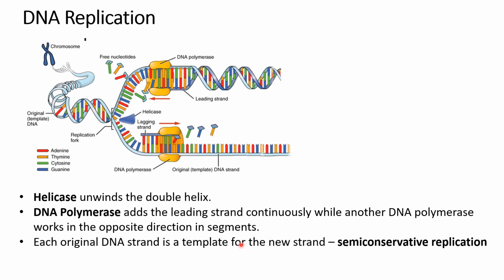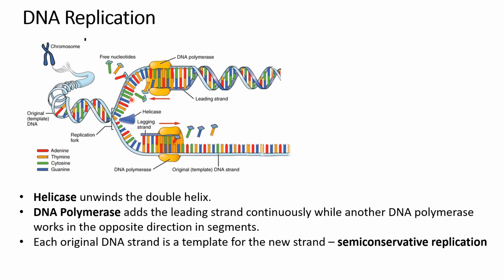This is called semi-conservative replication because each new DNA strand consists of one old strand and one new strand. One strand is called the leading strand, and one side is called the lagging strand because it can only replicate one way.